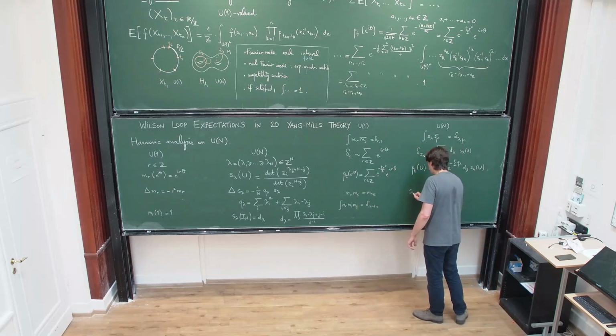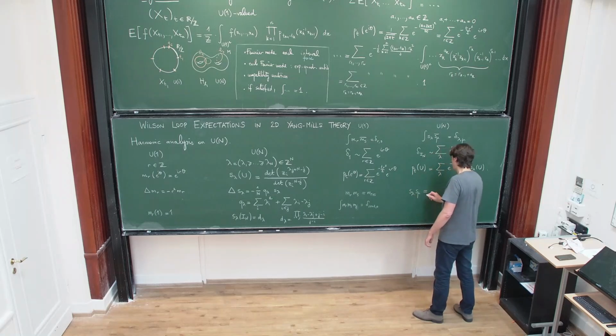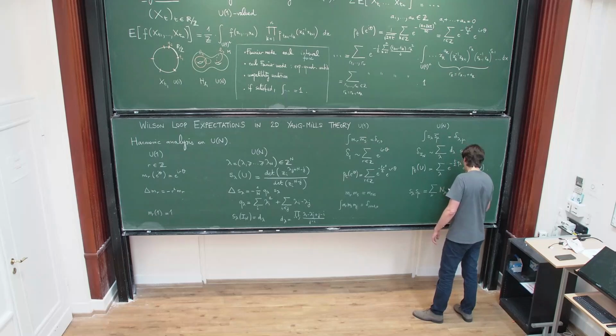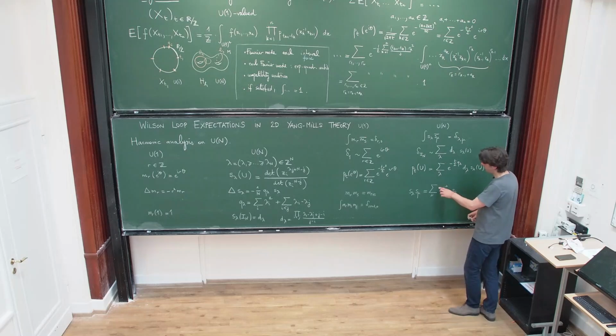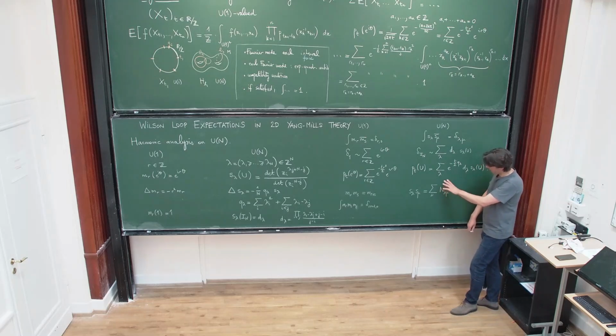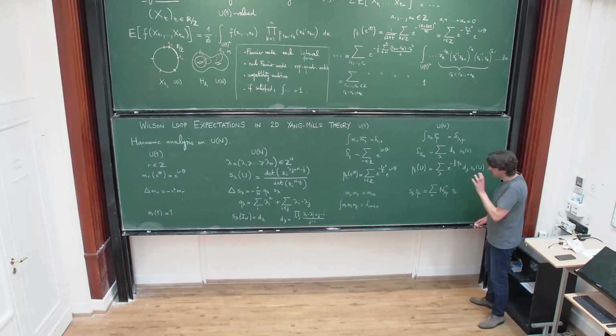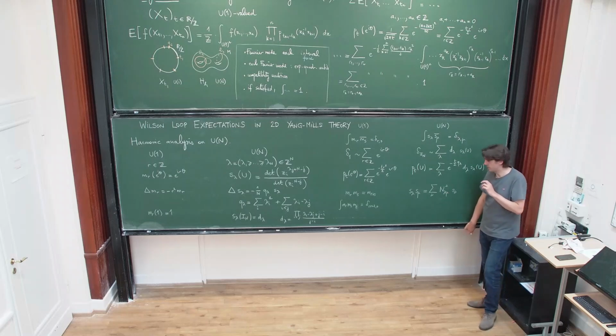Now the rule for multiplying Schur functions is more complicated. It has coefficients that are not simple coefficients. These are called the Littlewood-Richardson coefficients. These are, let's say, complicated combinatorial numbers.